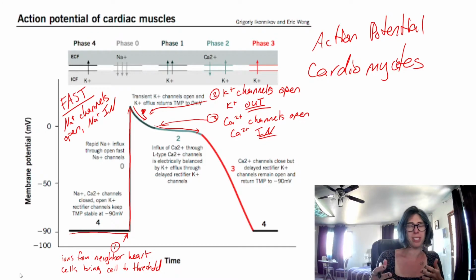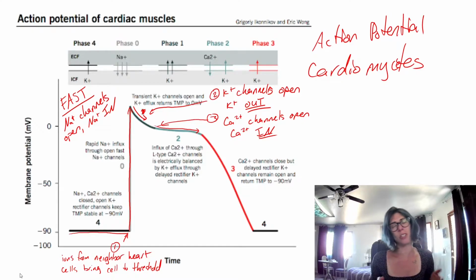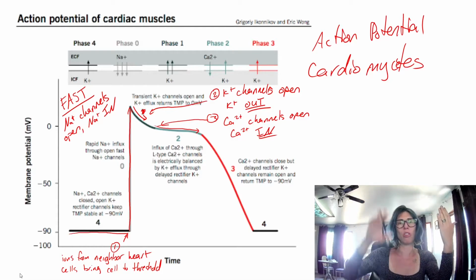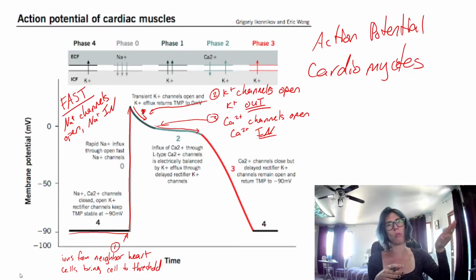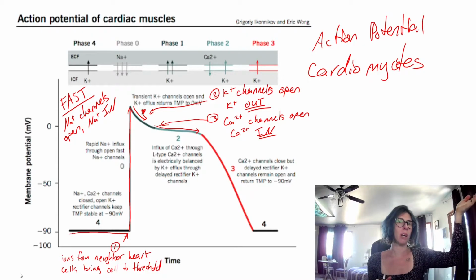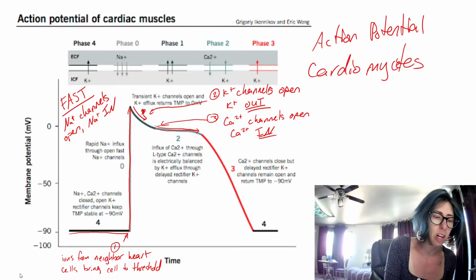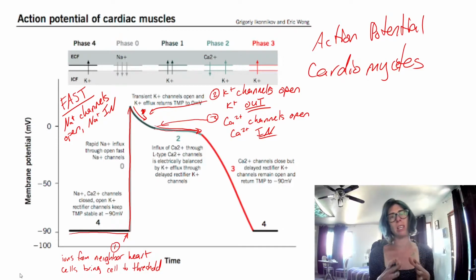Calcium channels open, allowing calcium in. So the calcium raises the membrane potential, potassium lowers it. The reason you still have this overall downward trend is because more positive charge is leaving than coming in. But because these two forces, positive out and positive in, are battling each other, you get this long plateau. So cardiomyocytes are unique in that they have this very long, stretched out action potential.